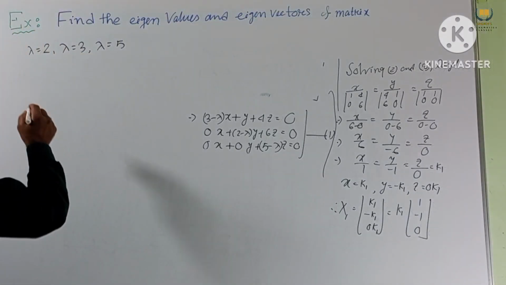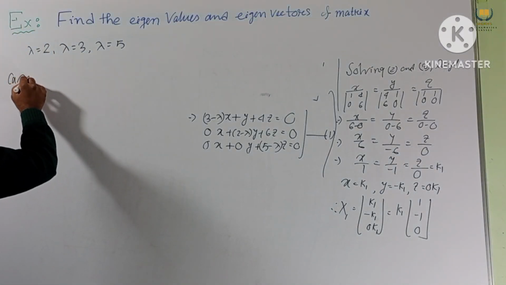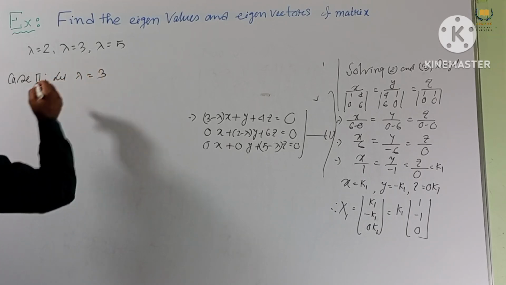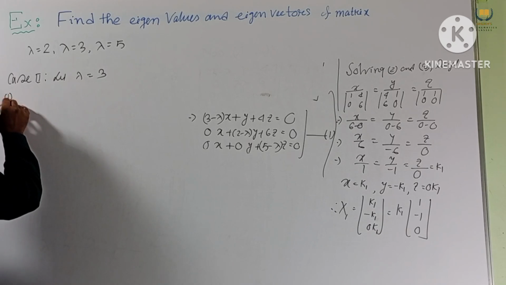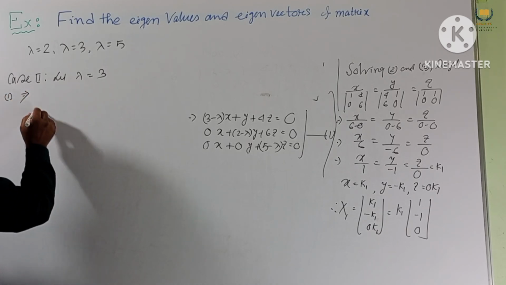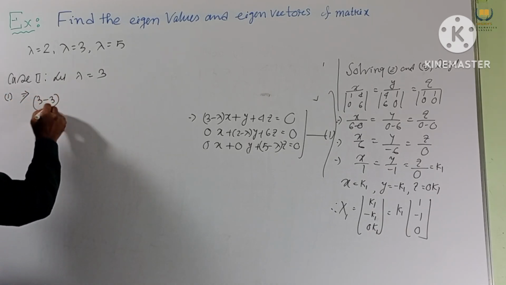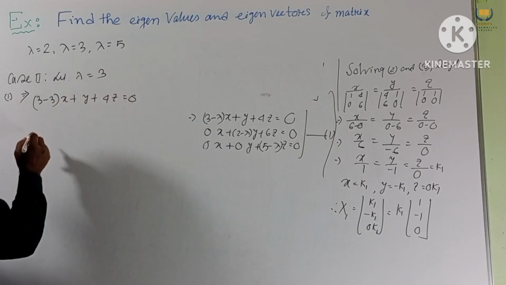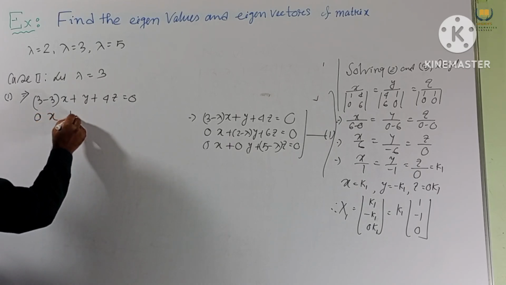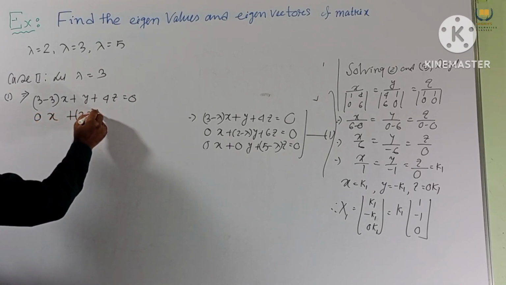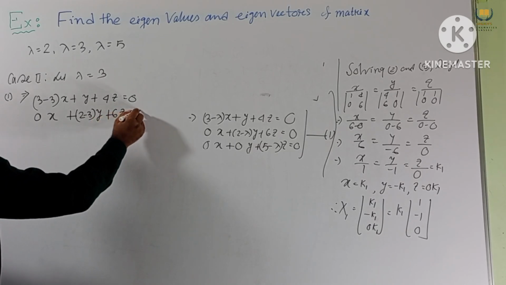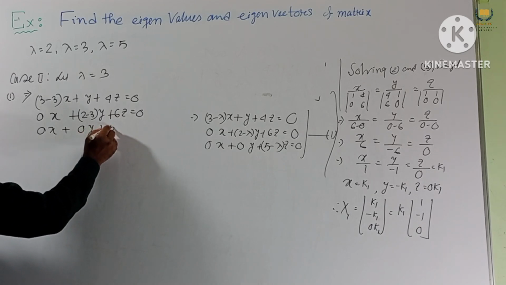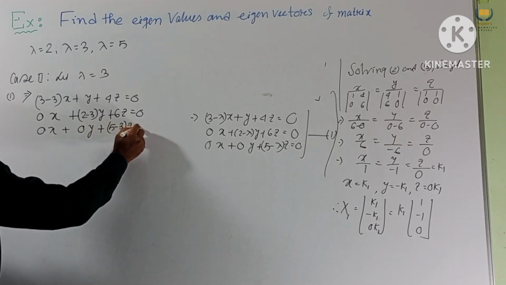Now we consider case 2. In case 2, let lambda equal to 3. Now equation number 1 gives (3 minus 3)x plus y plus 4z equal to 0, 0x plus (2 minus 3)y plus 6z equal to 0, 0x, 0y plus (5 minus 3)z equal to 0.